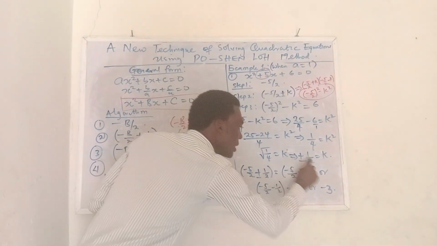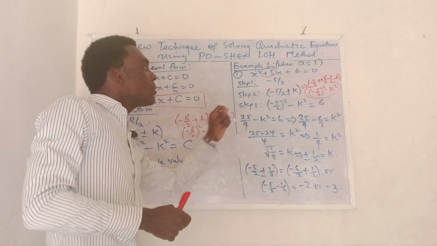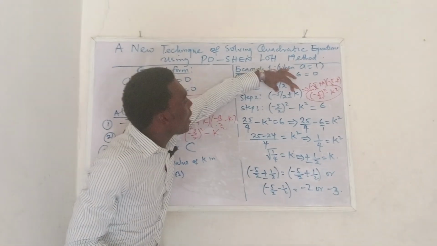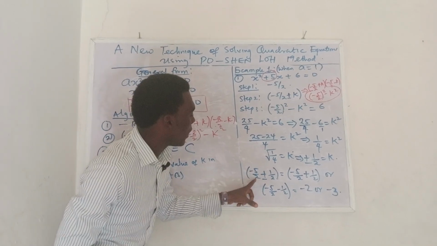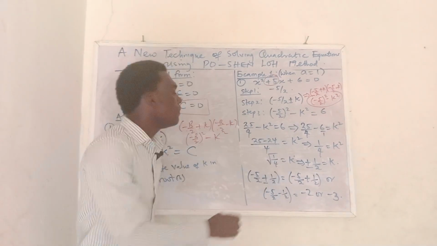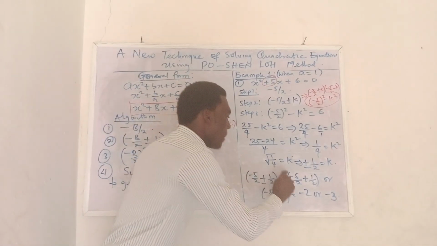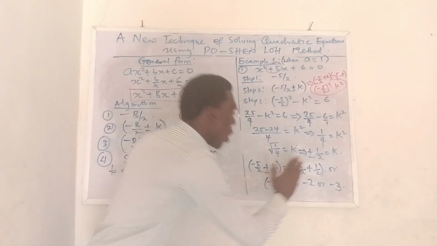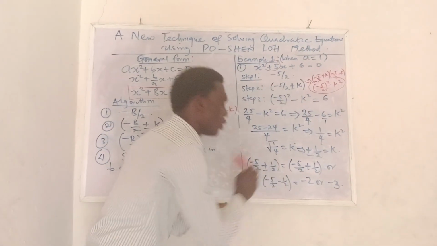So if I consider the positive side, we are expected to substitute it back into step 2 based on the algorithm. If I input it, I will have minus 5 over 2 plus or minus a half, because our k is positive half, the one we are considering, equal to minus 5 over 2 plus 1 over 2. That's the first part. Or minus 5 over 2 minus 1 over 2.